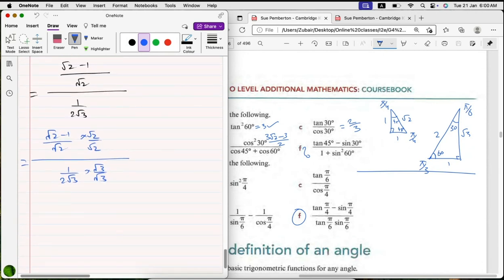So root 2 into root 2 is 2, minus square root 2 over 2, divided by square root 3 over 6.